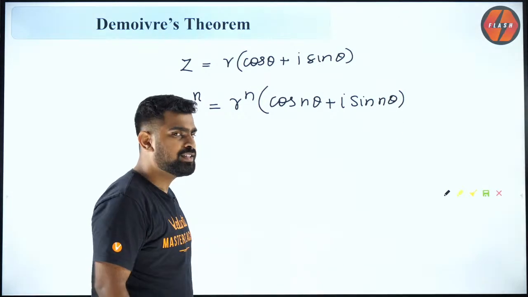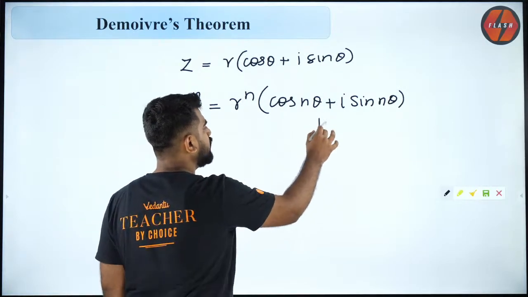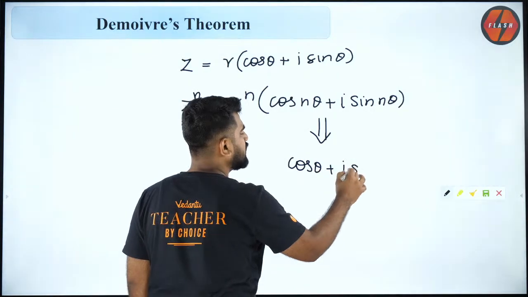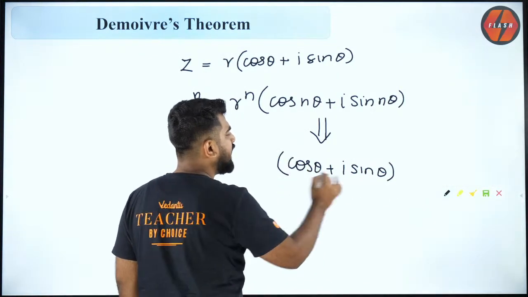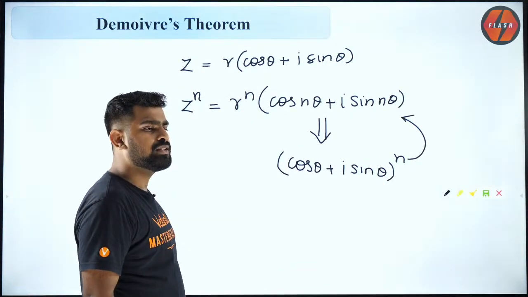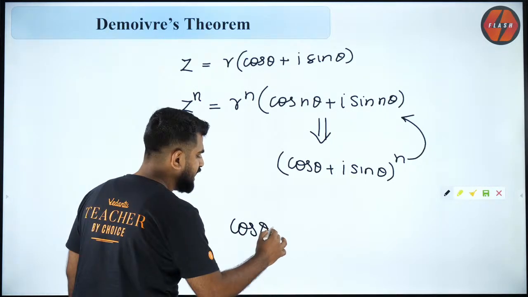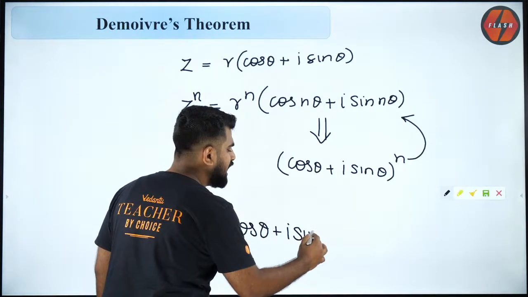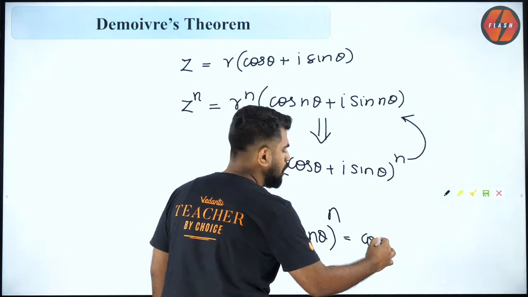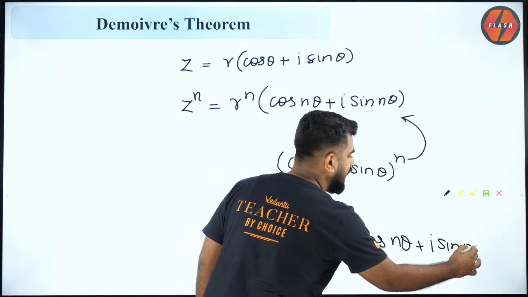How, sir? What happened? Shouldn't this be (cos theta plus iota sin theta) to the power n? But what did you write? You wrote something else. So this is what De Moivre's theorem says: (cos theta plus iota sin theta) whole power n is equal to cos of n theta plus iota sin of n theta.